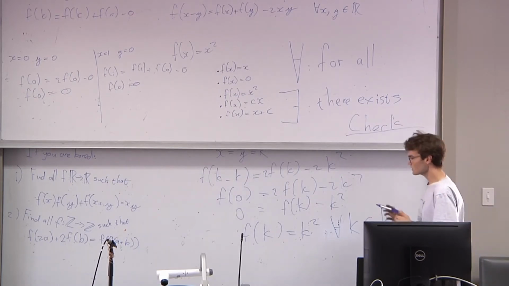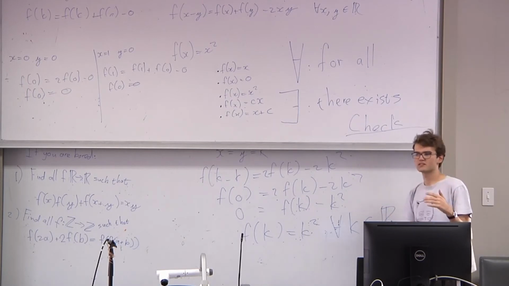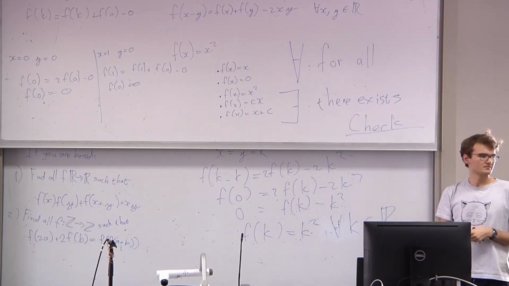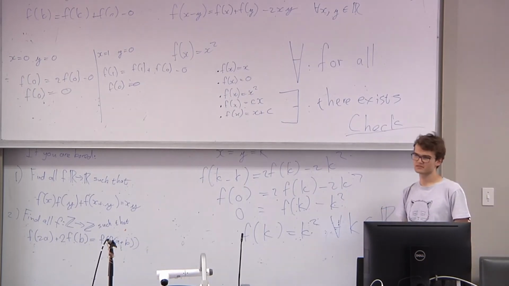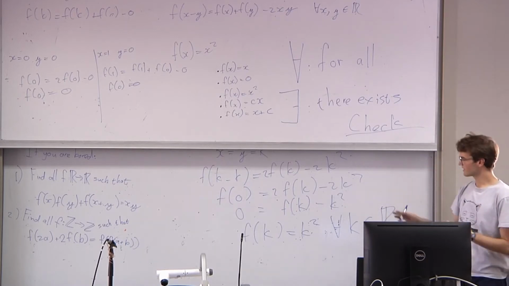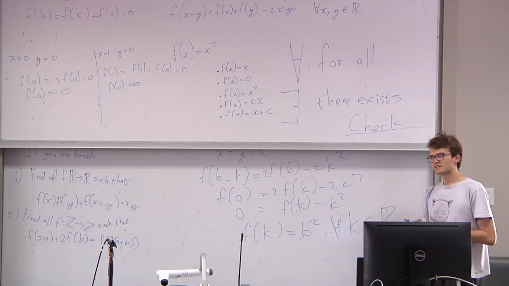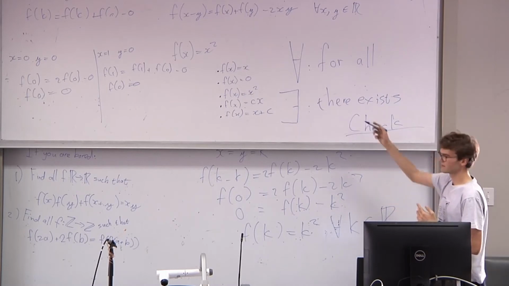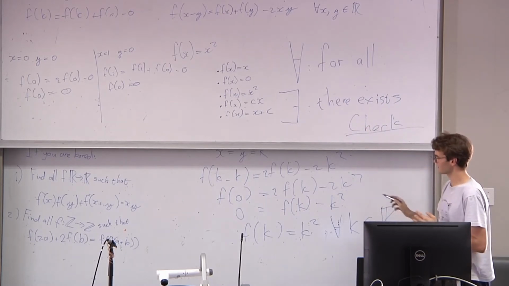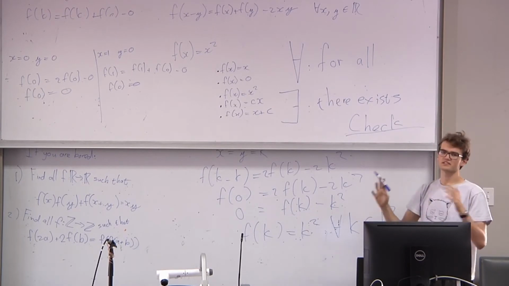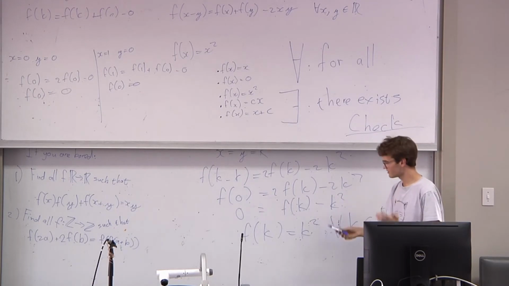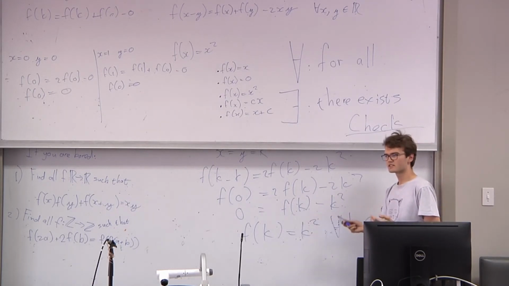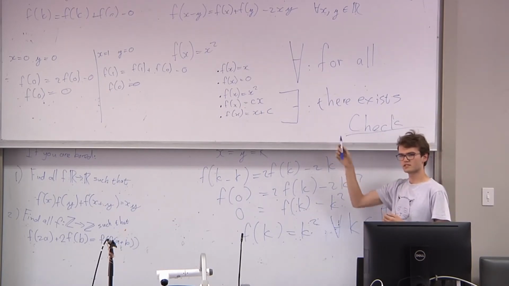You could go through pages and pages of working out and show that f of x has to be x cubed plus 7x squared minus a sine of 3x, whatever, and be very happy with that and move on. But just by plugging in stuff, that doesn't mean that function necessarily satisfies the original equation. So just because you derive that f of k equals k squared doesn't imply that it is a solution to the original equation.